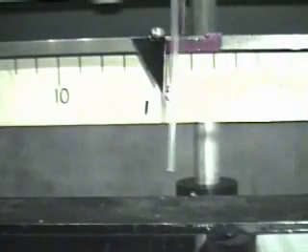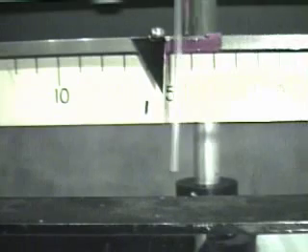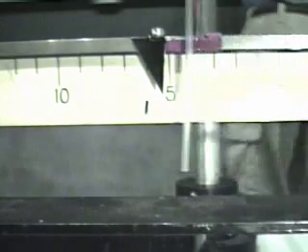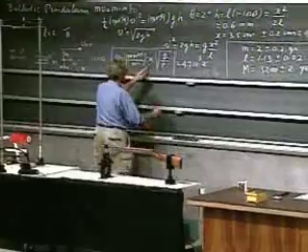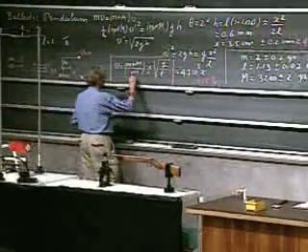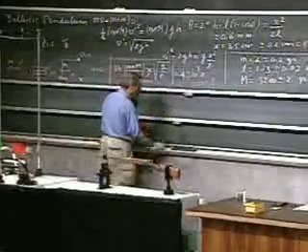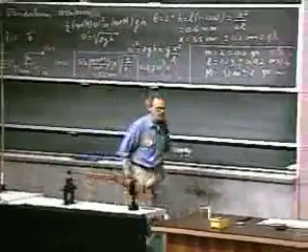I would say 5.2 centimeters. Seems to me about right. So x observed is about 5.2 centimeters. And we know the uncertainty of the 15% already.